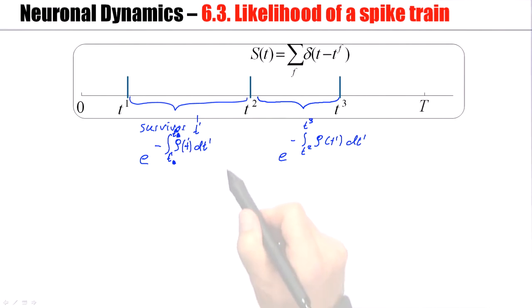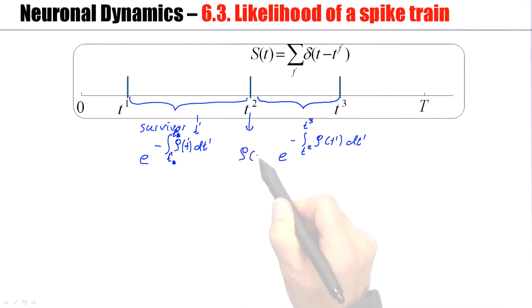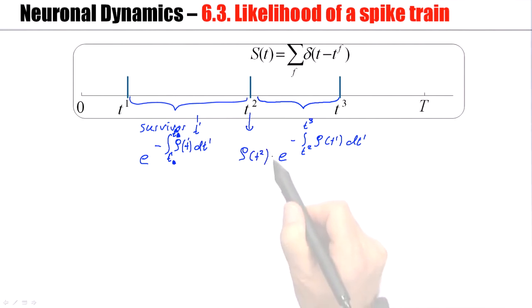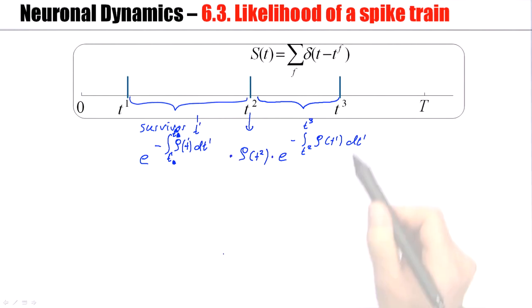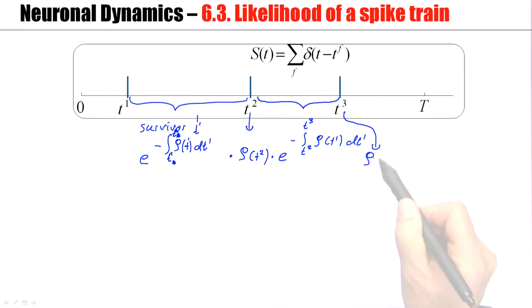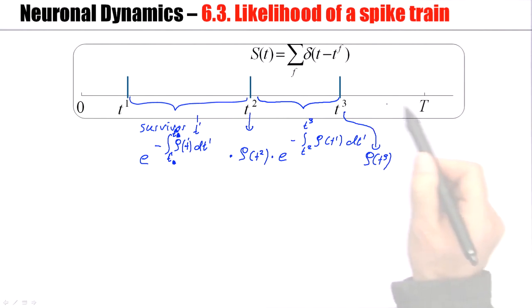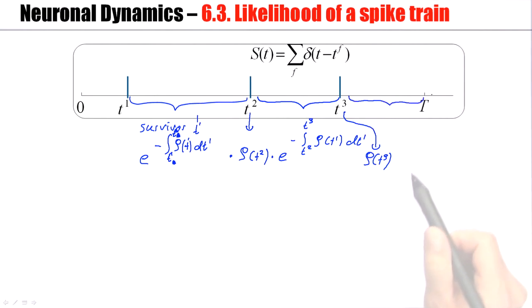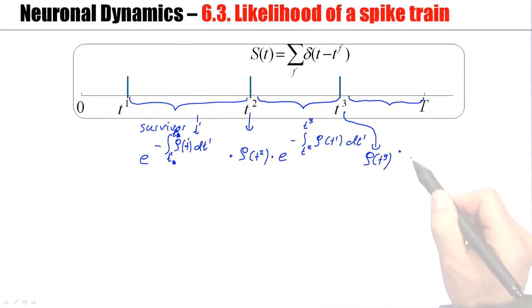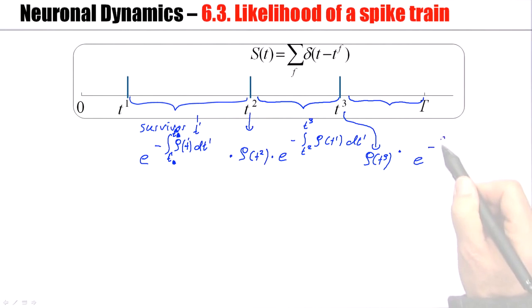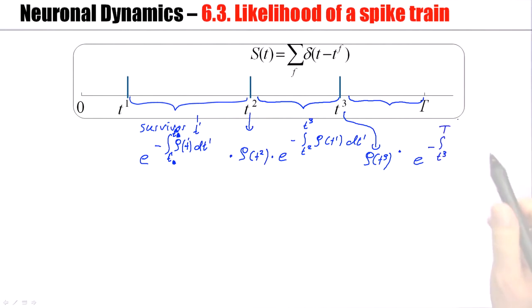But then the neuron actually has to fire at time t2. Well, it does so with a firing intensity rho of t evaluated at time t2. Similarly, it has to fire here at t3. And then it doesn't fire again between t3 and T, capital T. So it's again times e to the minus the integral from t3 to the end of the measurement period of rho of t prime dt prime.